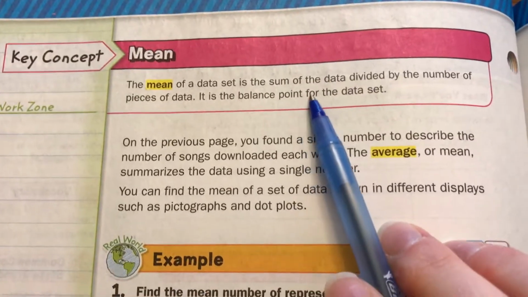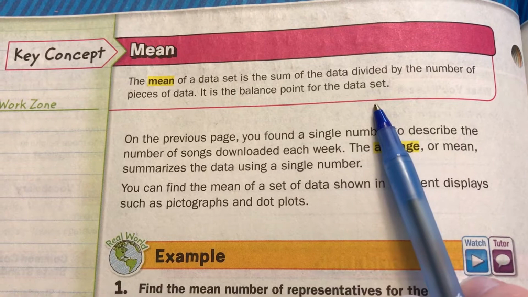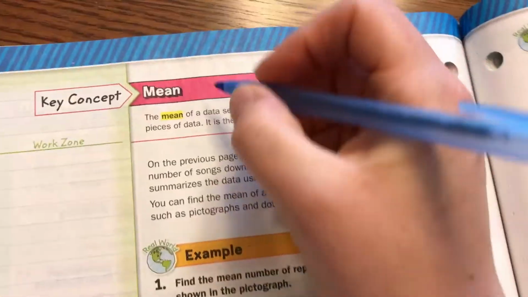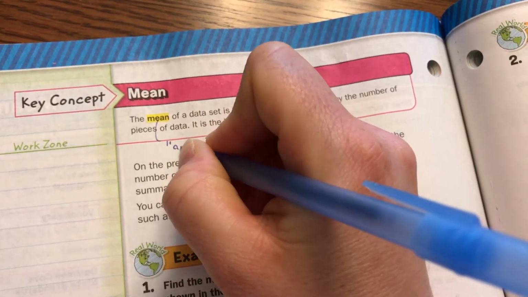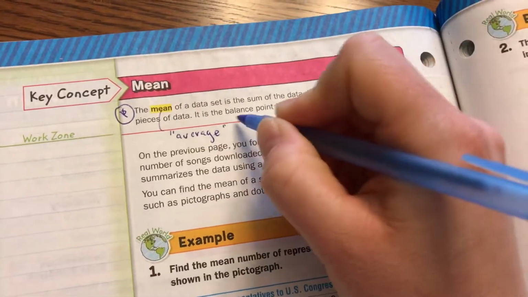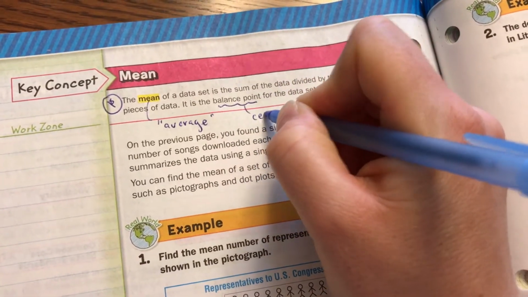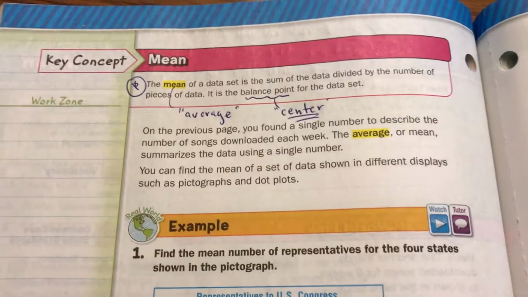The mean of a data set is the sum of the data divided by the number of pieces of data. It is the balance point for the data set. So I'm going to say this is also known as average. It's a balance point. It's a center of data.